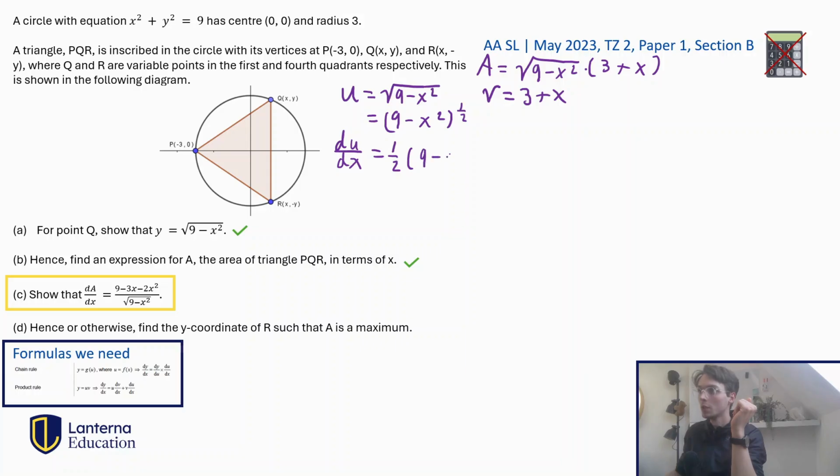We need to use the chain rule here. So 1/2 comes down, and then we go down one in power. So 1/2 minus 1 becomes -1/2. But like I said, this is the chain rule. So we differentiate the outer function, the power of 1/2. In the chain rule, you then always need to multiply by the inside bit differentiated. What's the inside bit?